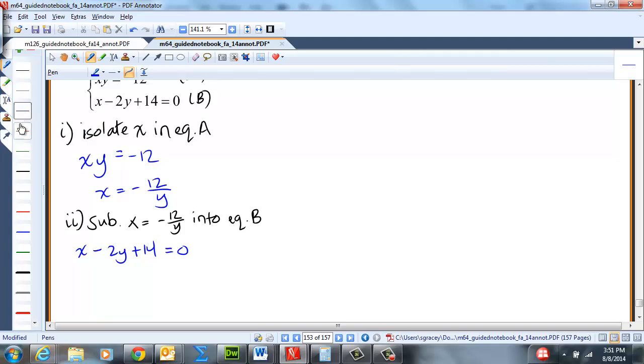So we'll have negative 12 over y, because that's what x is, minus 2y plus 14 equals 0.